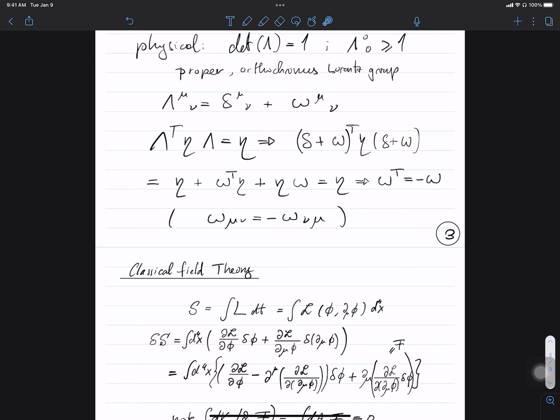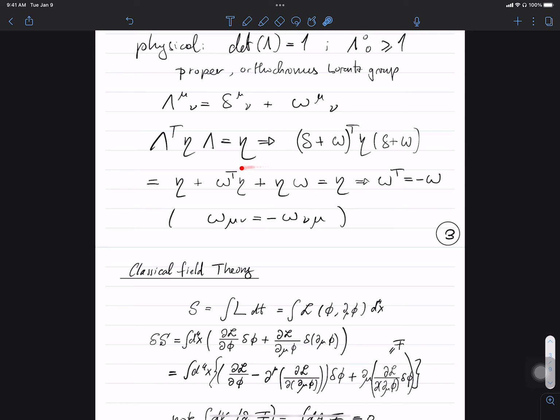So once we have identified the properties of this structure as a group, we can use this expansion to define a generator and then continuously deviate from the unit matrix to construct any Lorentz transformation we want. So we can take again the defining equation for lambda to find the properties of omega, the generator, plug in this expansion, right? Then we can compute what we get from this bracket, and then we see that this has to be equal to that.